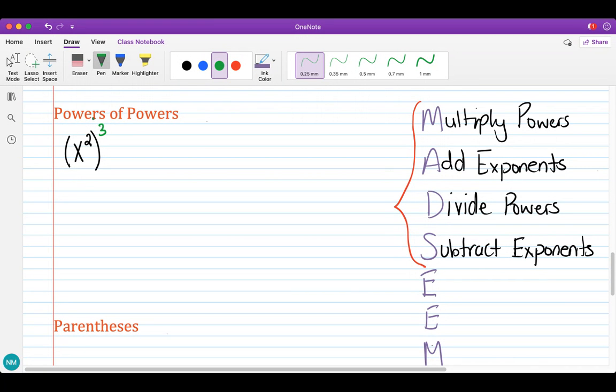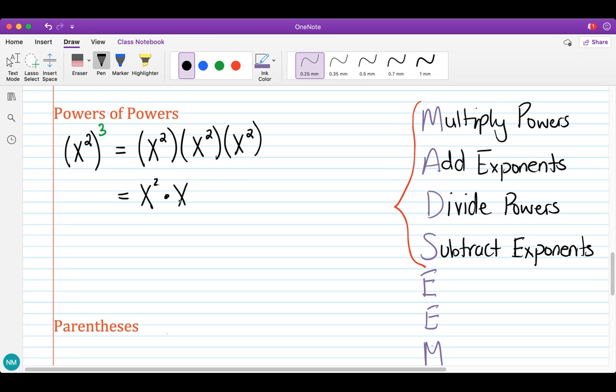So when I take something to the third power, what is that saying? That is saying I'm going to multiply something by itself how many times? 3 times. So this is the same thing as saying x squared times x squared times x squared, right?